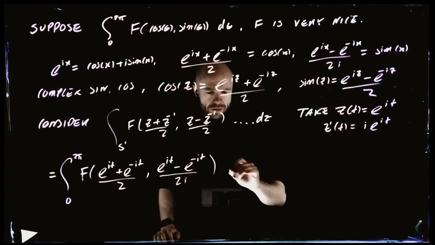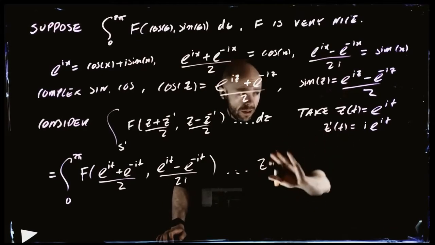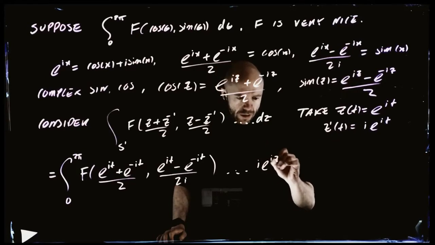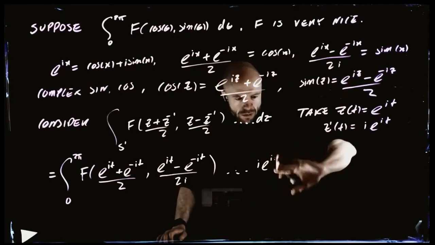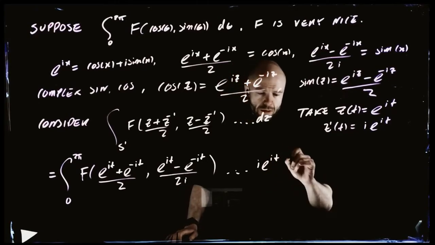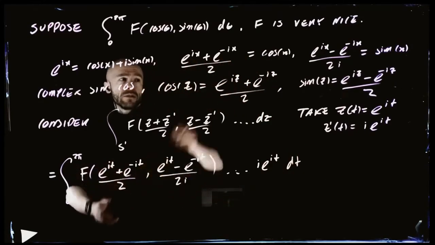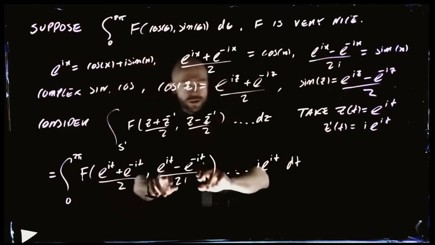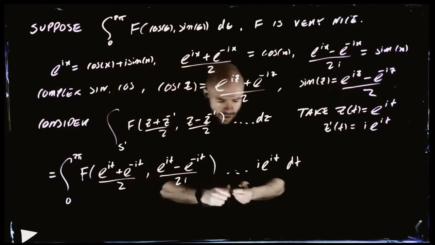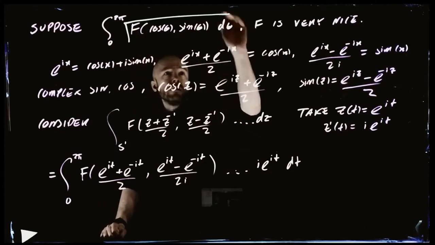And then whatever we put here, and then z prime of t, which is just i e to the it, and dt. And because this thing just becomes cosine of t, and this thing becomes sine of t, we get close to what we want.